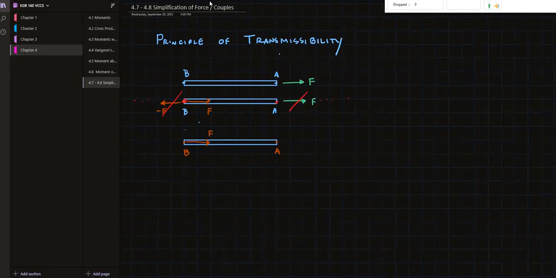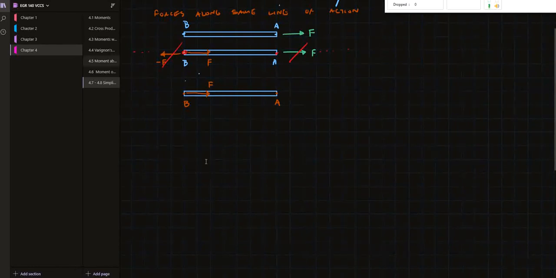Okay, so that's the same line of action. So this is for forces along the same line of action. But we can also do something similar for forces in general.